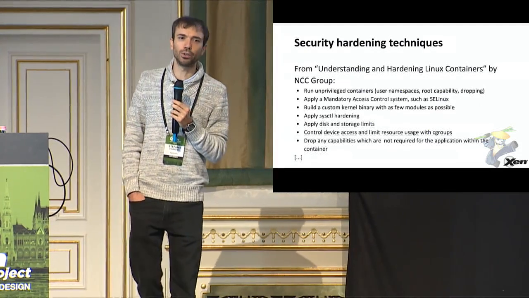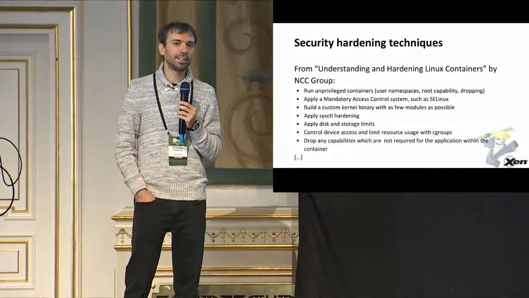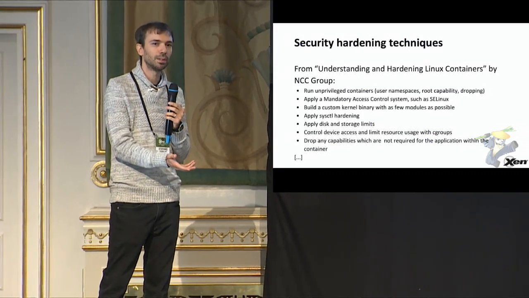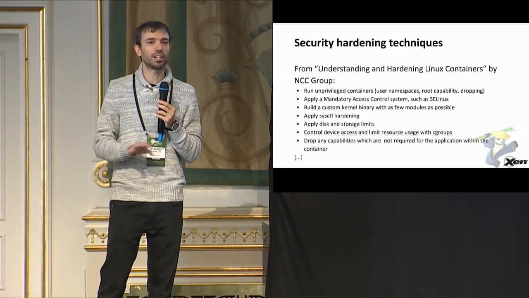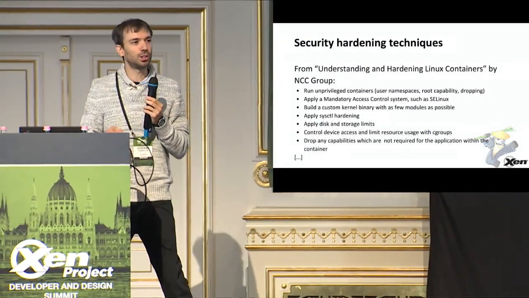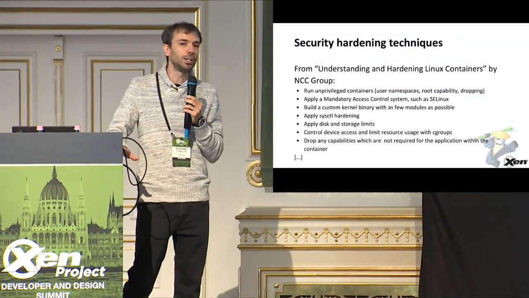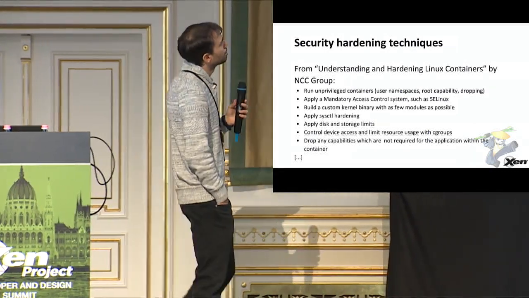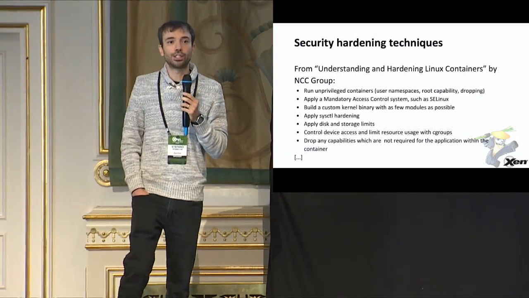So what are you hardening? Are you hardening the packaging format? Or are you hardening the running environment? Well, they're not hardening the packaging format. If there is a bug in the packaging format, you're stuck with it. So they're trying to harden Linux namespaces. Right, so what are these suggestions?